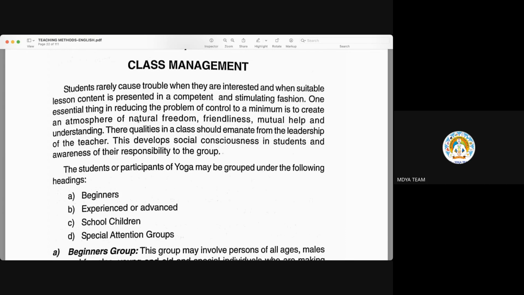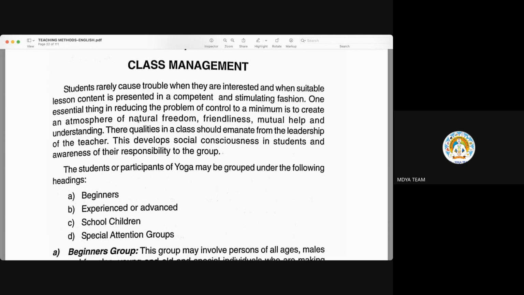So they may cause trouble, and if they are interested, they are fully focused, fully attentive.